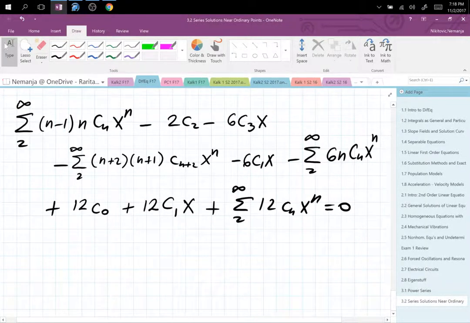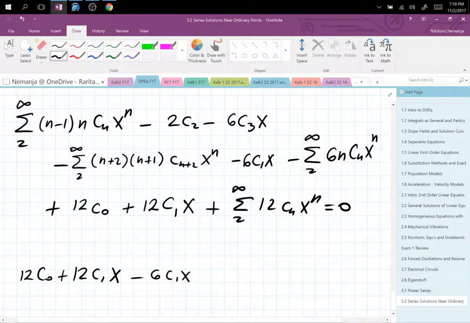From here it is easy. Getting up to this point is the most annoying part. From now on, all the terms that you peeled off go on a pile, and all of the summations are condensed into a single summation. So look what we have: 12c0 plus 12c1x minus 6c1x, those will combine, minus 2c2 minus 6c3x.